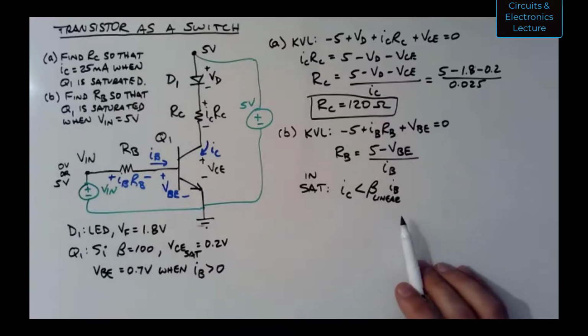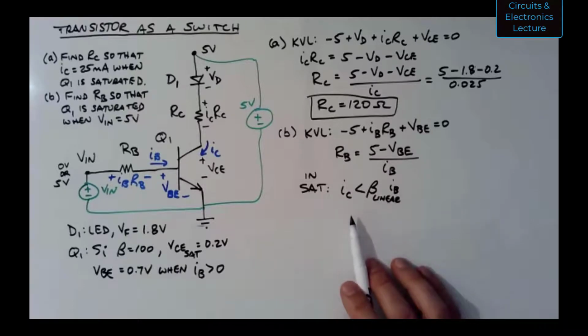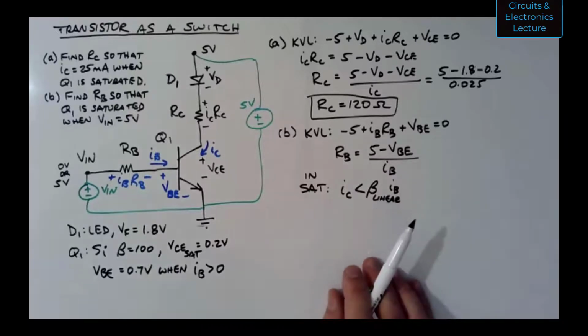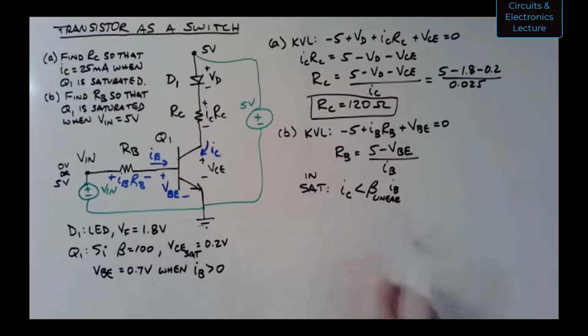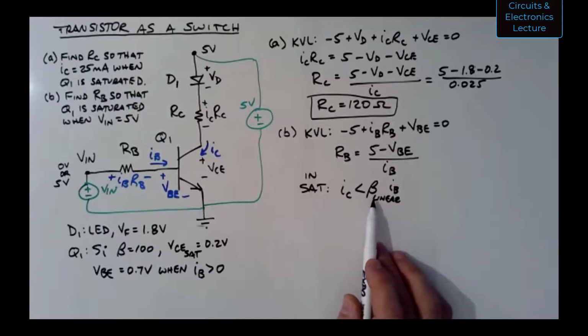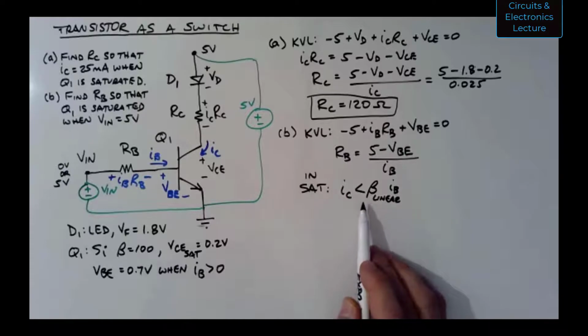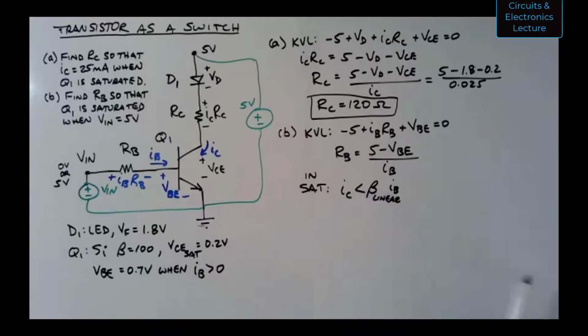You might consider that beta actually falls, because if beta is equal to IC over IB, then beta falls as the transistor goes into saturation. For the purposes of this analysis, we're just going to say when the transistor is operating linearly, beta equals 100. But in saturation, IC is less than 100 times IB because the valve is already all the way open and you can't get any more current through IC, the metaphorical valve.